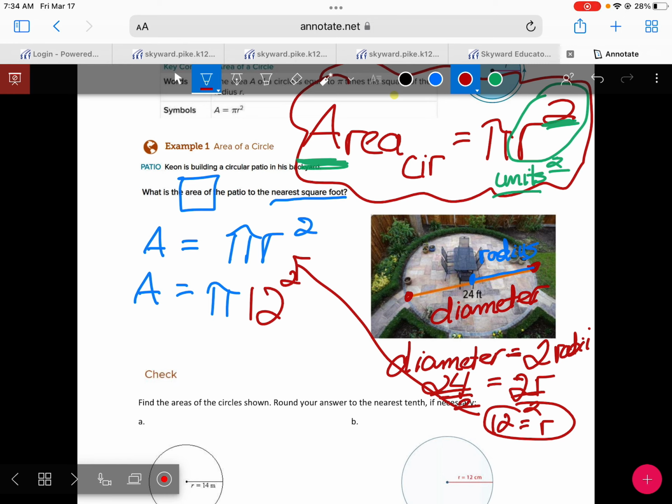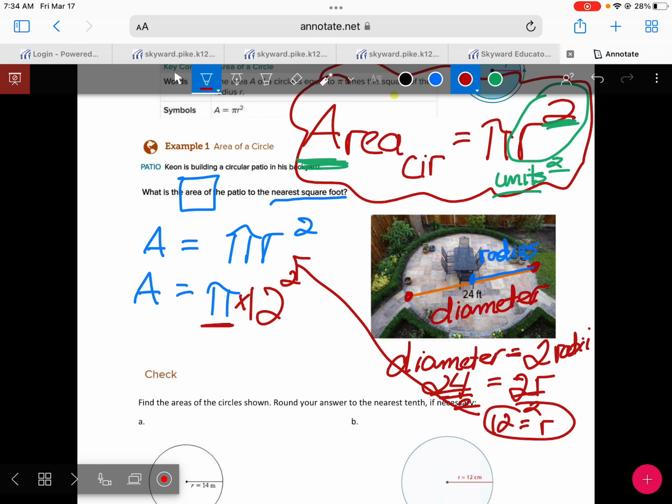On your calculators, take them out. I want you to push the pi button, times, and then push, oh gosh, I'm trying to think of the correct order. 12 squared. So pi, can I see your calculator real quick?